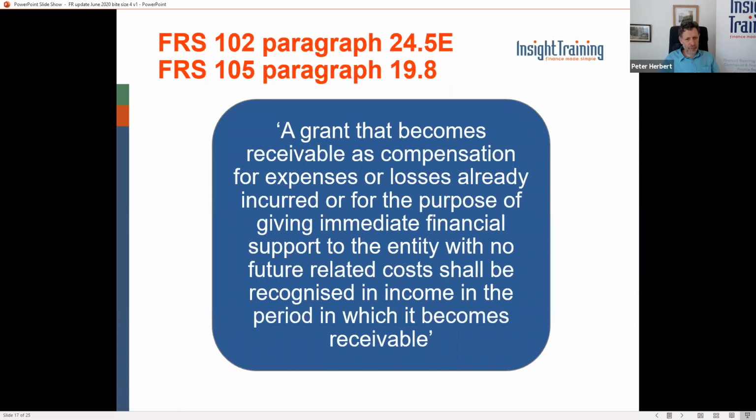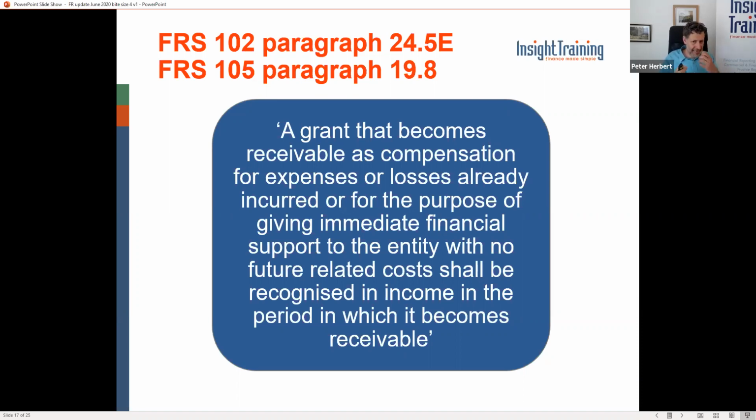So paragraph 24.5e of 102, paragraph 19.8 of 105, says that a grant that becomes receivable as compensation for expenses or losses already incurred, or for the purpose of giving immediate financial support with no future related costs, when you're applying the accrual method, shall be recognised in income at the point at which it becomes receivable.